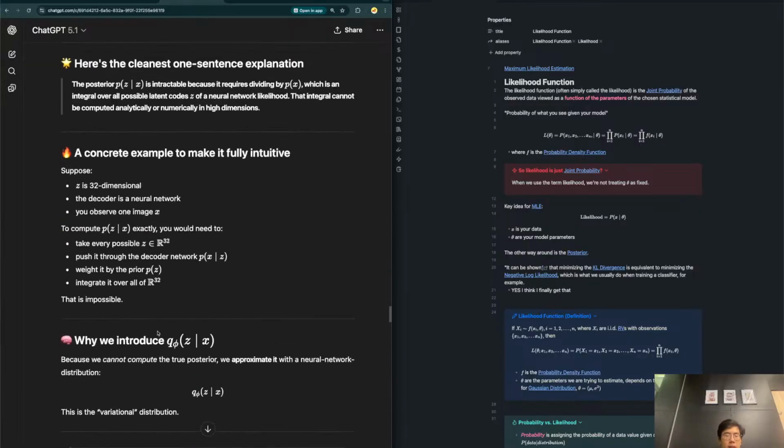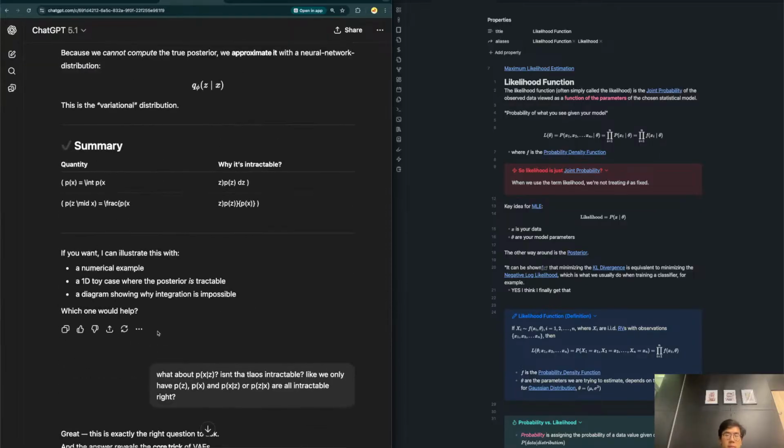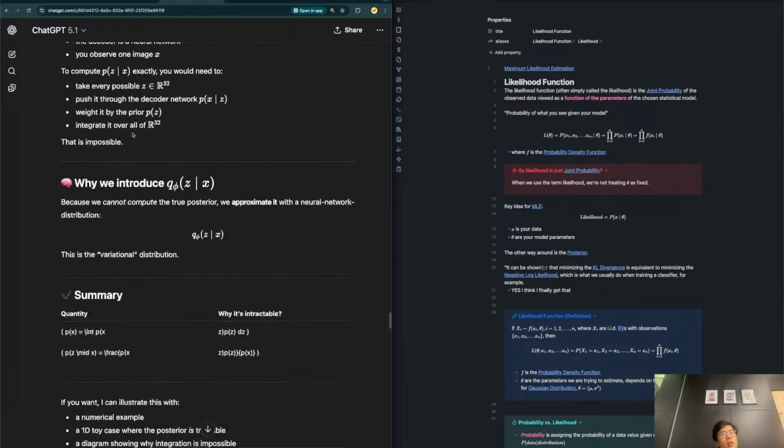So we have P of x, and P of x is not tractable. P of z is tractable because we're just sampling, this is defined by us. And P of x given z is also tractable because we have a neural network learn that, right? But P of x is unknown.